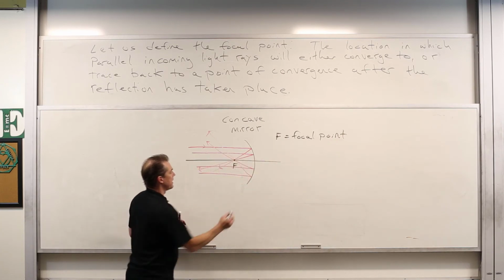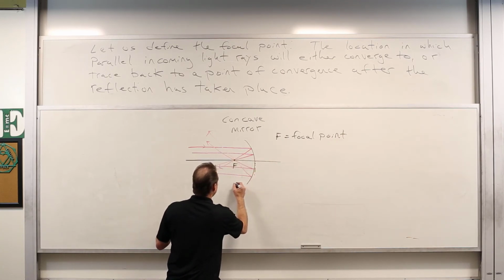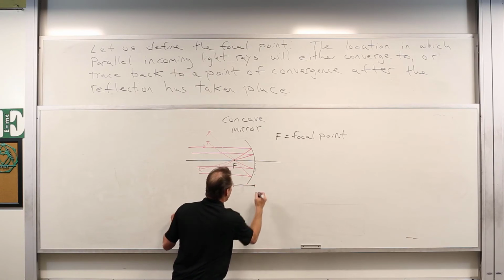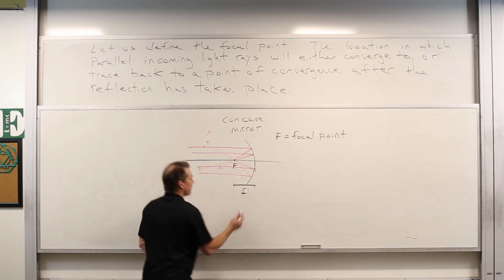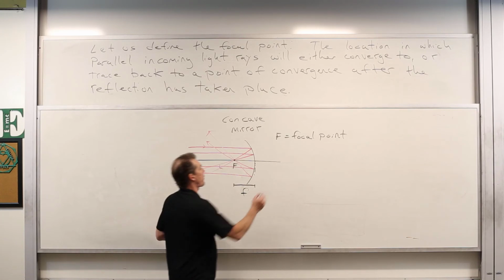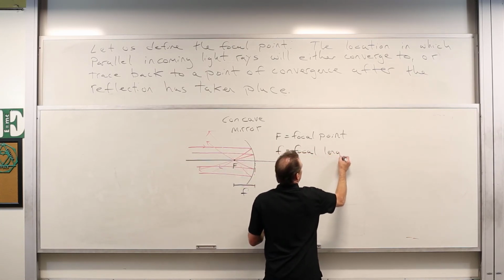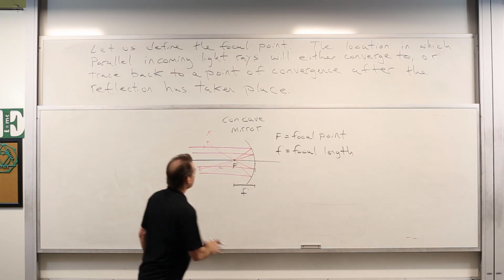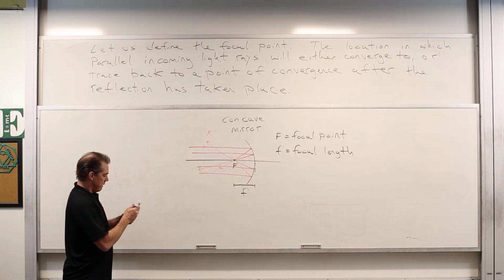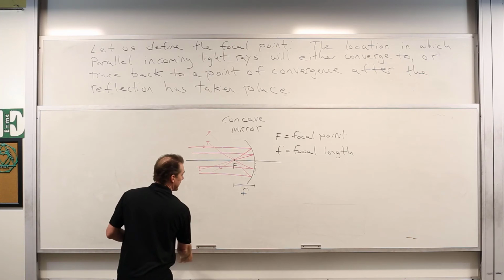Well, there's also a distance from F to the mirror along the principal axis. We call that lowercase f. That is the focal length. That's how we define the focal point for a concave case.